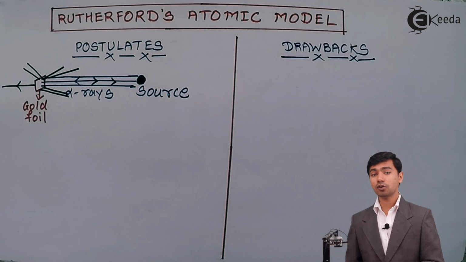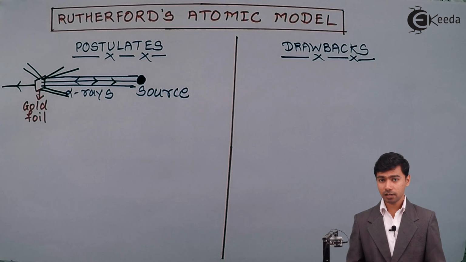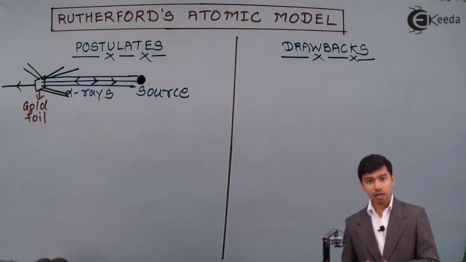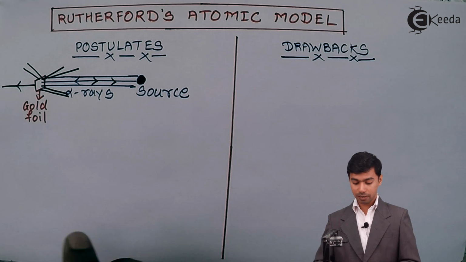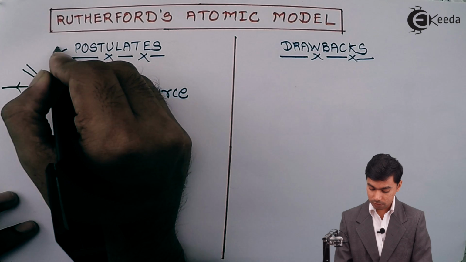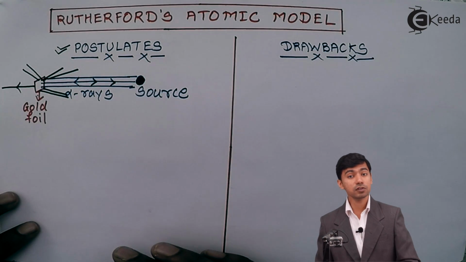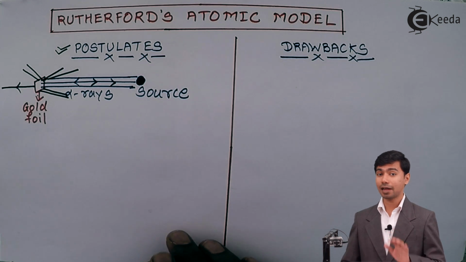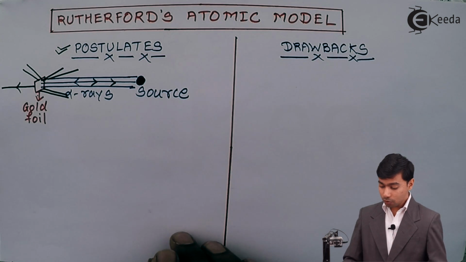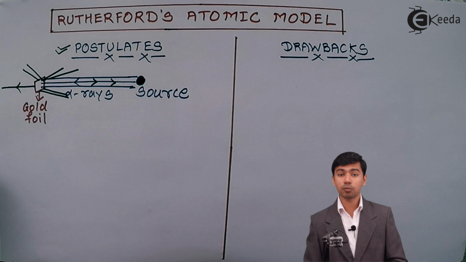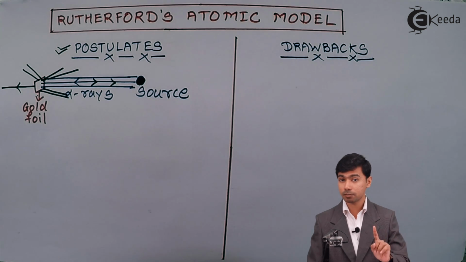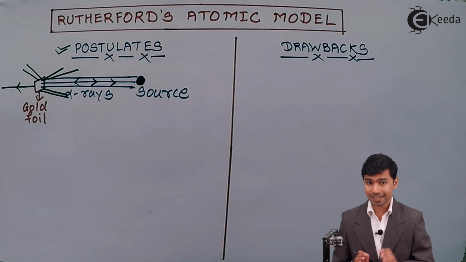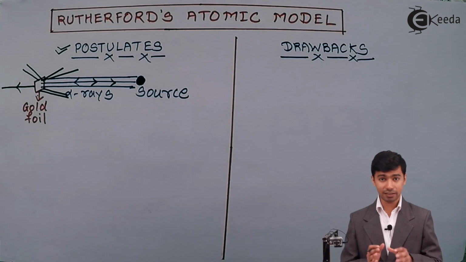He made an arrangement for that gold foil to do this experiment, and as per that experiment he made postulates called Rutherford's postulates, and according to those postulates he made an atomic model. The Rutherford atomic model was the first atomic model in the world to be considered well enough at that moment.